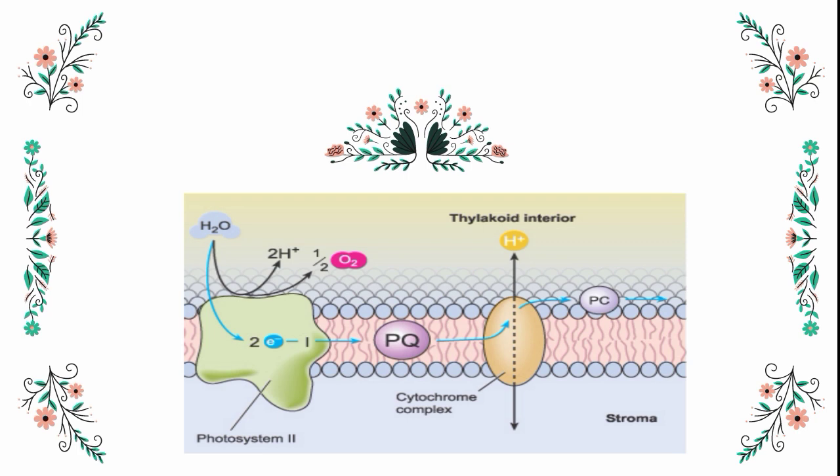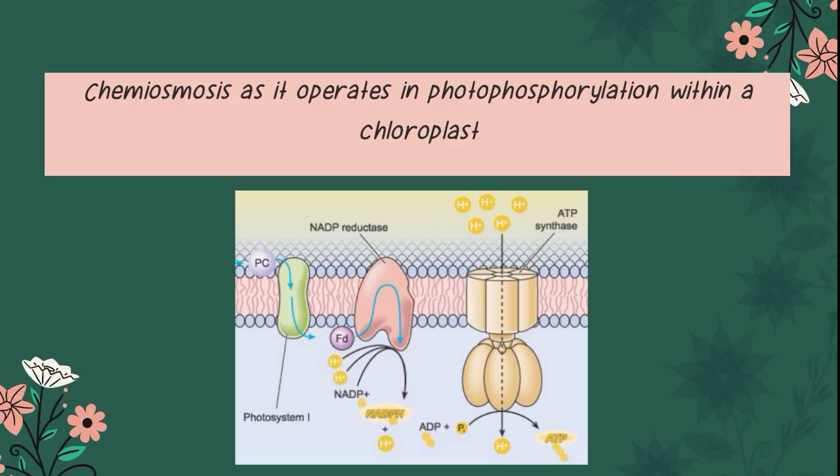H+ ions are more concentrated in the thylakoid compartment than in the stroma. We say there is an electrochemical gradient. H+ ions diffuse from the high to the low regions of concentration. This drives the production of ATP. Chemiosmosis as it operates in phosphorylation within a chloroplast.